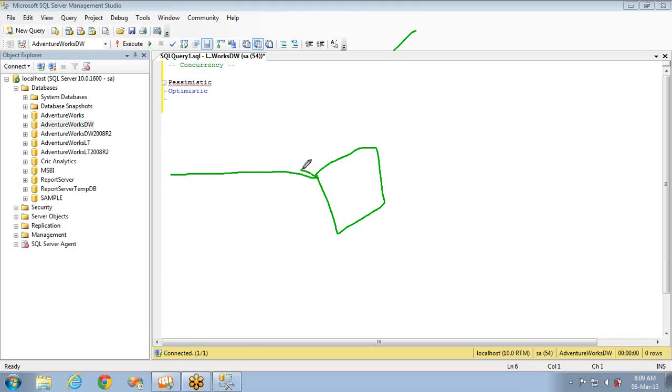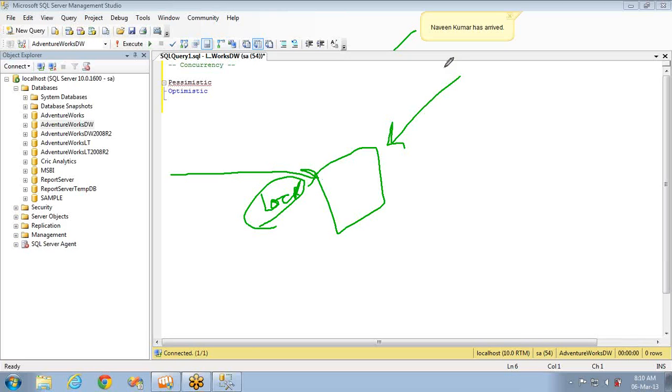In this pessimistic model, the first user will apply a lock, so that the other resource cannot access it until the lock is released. So it is safe. The pessimistic model treats it as if there may be a chance of conflicts and deadlocks, so it applies locking on the safe side, and then starts reading or modifying the data.